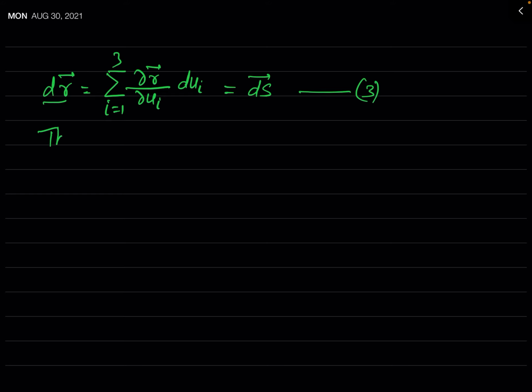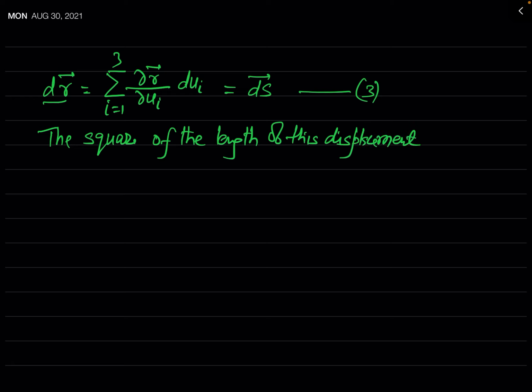So the square of the length of this displacement, this ds square, may be expressed as dr dot dr, because the square of any vector means the scalar product of the vector with itself, and we can express this scalar product in this way, as dr is equal to this much, as you can see in this figure.